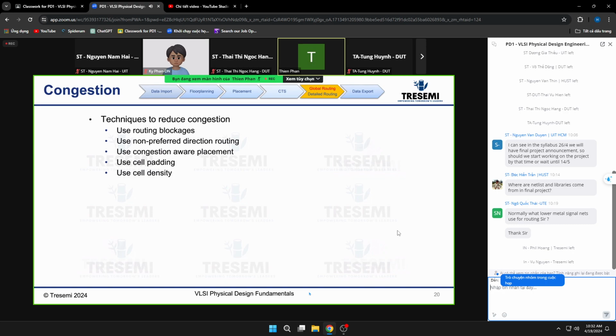First, the congestion may be global. If the congestion is global, that means you're in trouble. Essentially it's everywhere. Either your die is too small or your cell density is too high. You have to go back and either increase the die size or lower your performance.